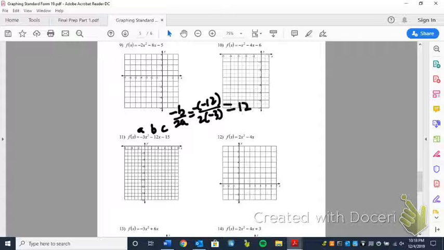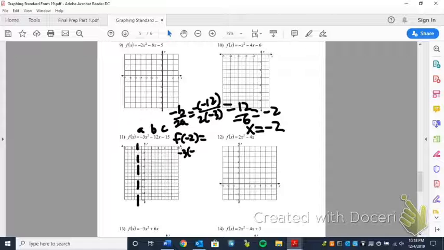That gives us 12 over negative 6, or negative 2. So we know that x equals negative 2 right there. That's our axis of symmetry. We then want to find out what we get when we plug that negative 2 in. So we do f of negative 2.